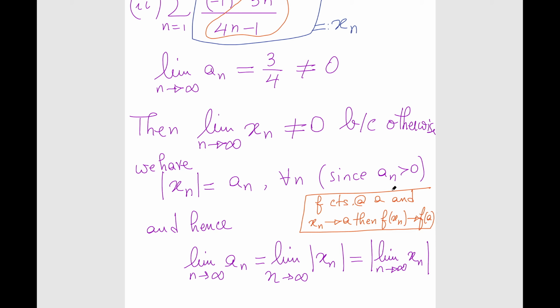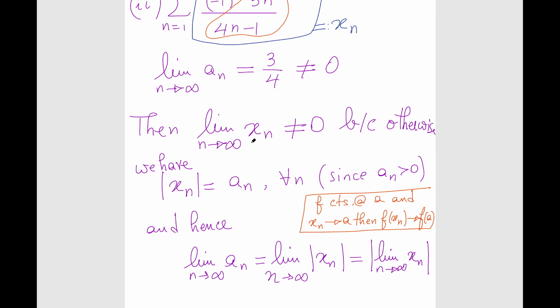Remember this theorem? That's what we're talking about here. The absolute value function is the f, and the a that we're talking about is actually 0.